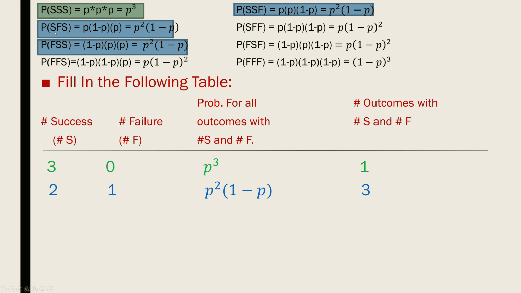First trial is success, second trial is failure, last trial is success, or failure, success, success. First trial is failure, second trial is success, last trial is success, or first trial is success, second trial is success, last trial is failure.